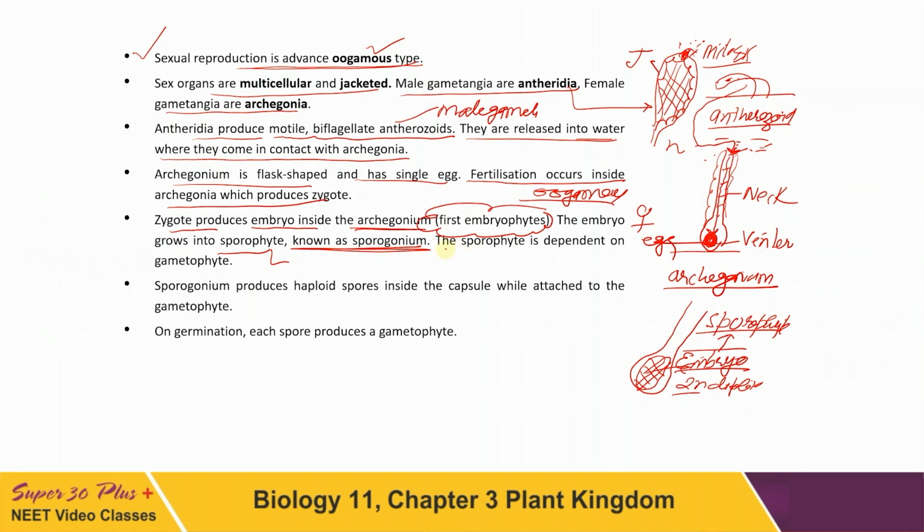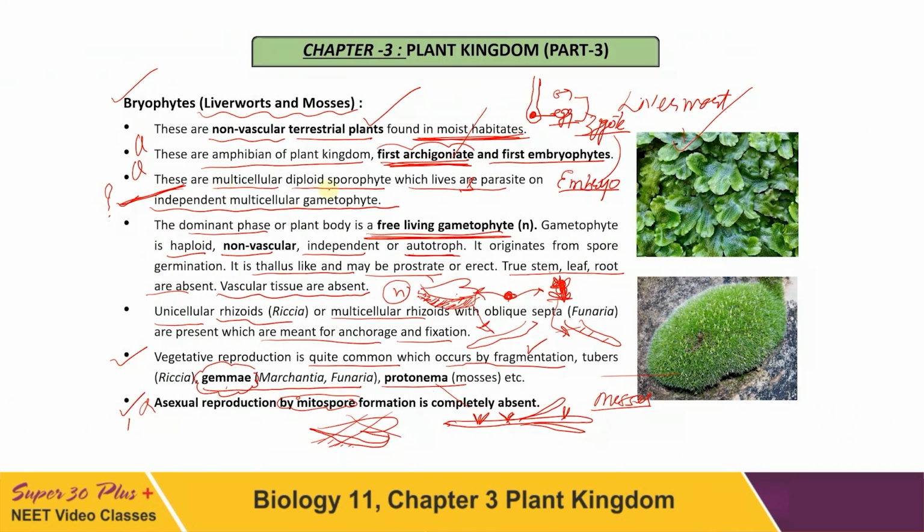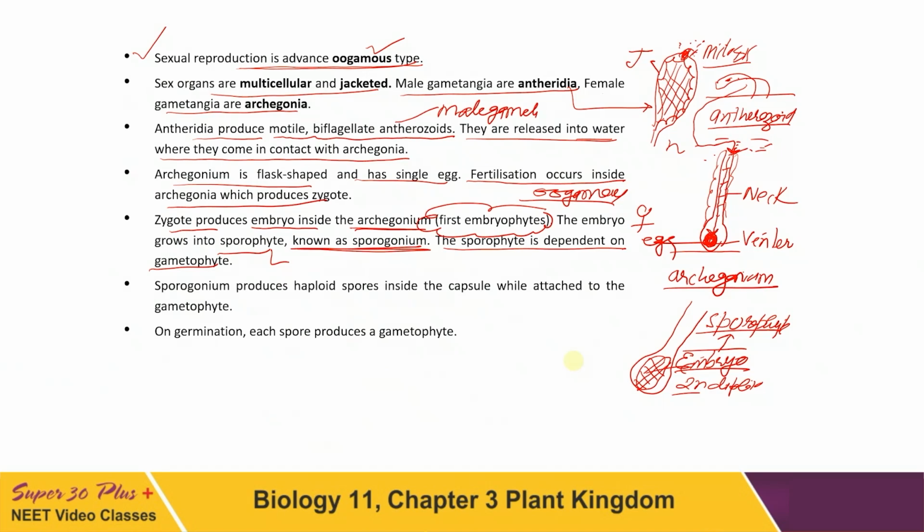The sporophyte is dependent upon the gametophyte. See the first point you saw earlier: a multicellular diploid sporophyte, which lives as a parasite on an independent multicellular gametophyte. You see, children, this is a thalloid structure we are talking about, this is Riccia, you have to see it in detail. Here, this is the gametophyte. The gametophyte is independent and autotrophic. It does photosynthesis.